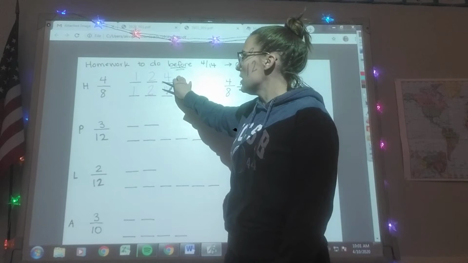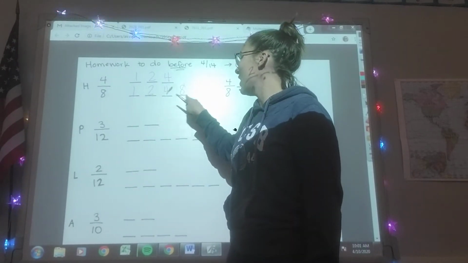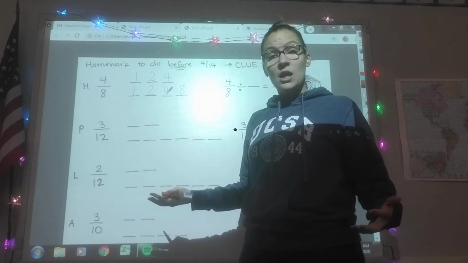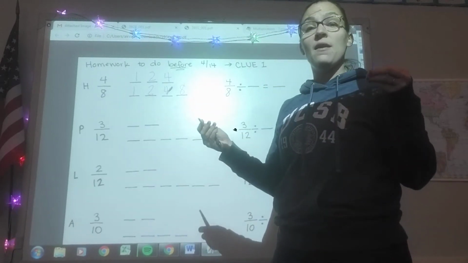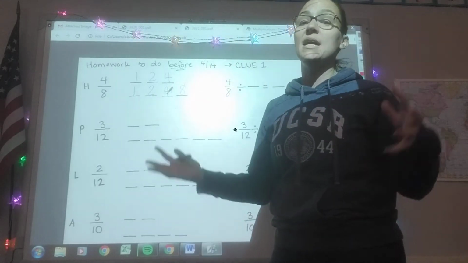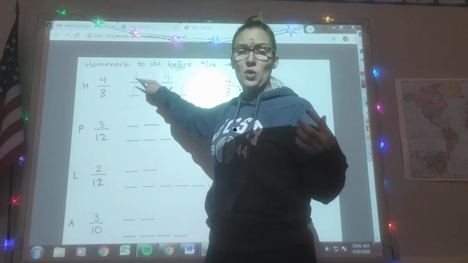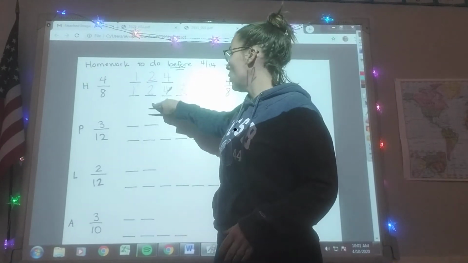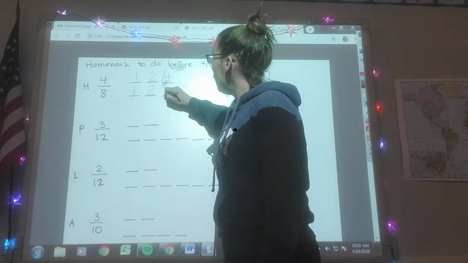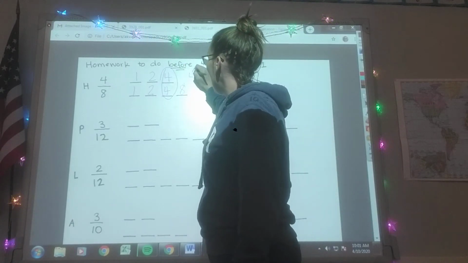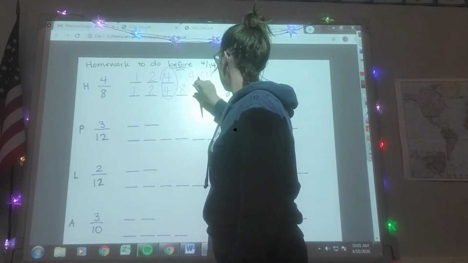Now, let's take a look. We have 1, 2, and 4 for 4, and we have 1, 2, 4, and 8 for 8. Which of those numbers is the greatest common factor? That means the biggest number that they have in common. They both have 1, they both have 2, but they also both have 4. So 4 is the greatest common factor.